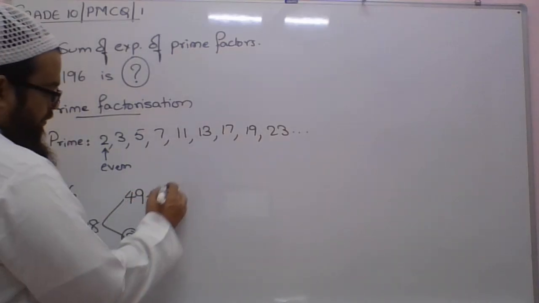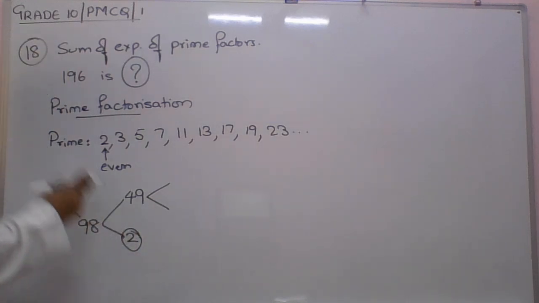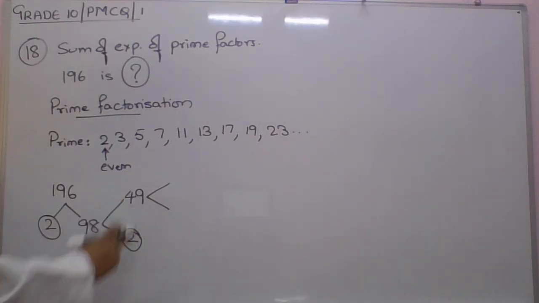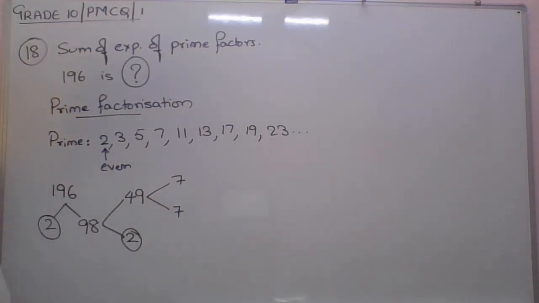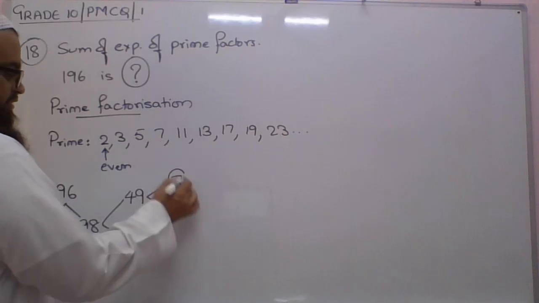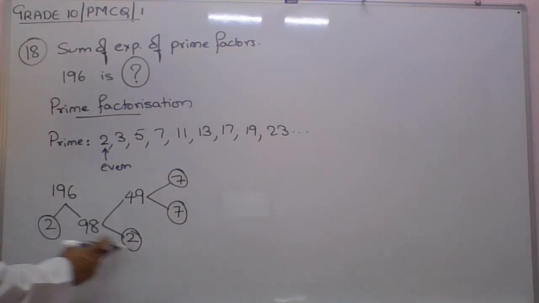And now 49 you cannot divide with 2 because 49 is an odd number. But if I am a little bit good in mathematics, I can see that 49 is a perfect square. So it is 7 times 7. 7 sevens are 49. And I can see that 7 is a prime number. So everywhere you get prime numbers.